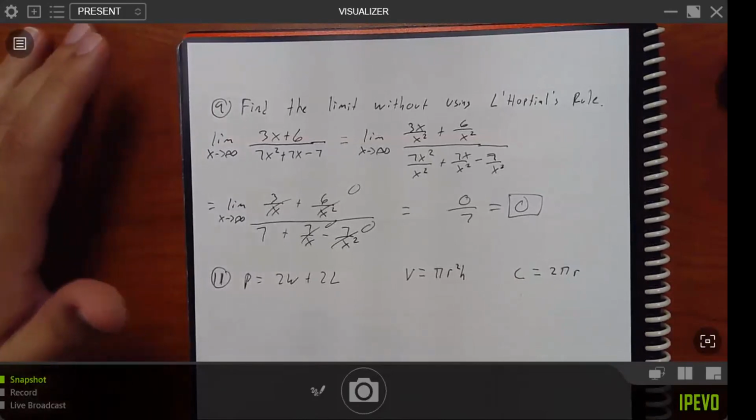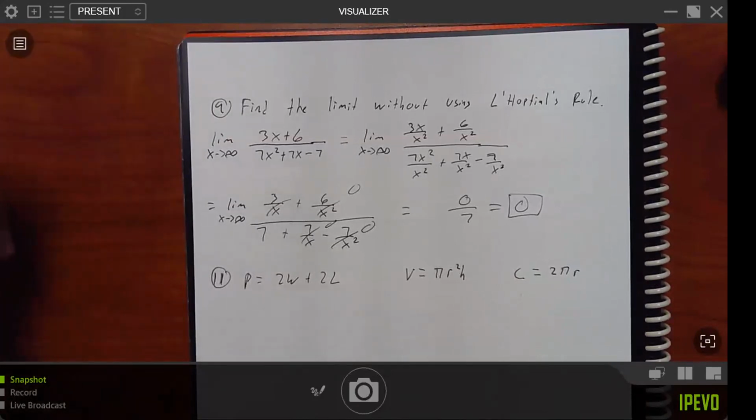All right, so maximize volume. So for sure, we want to take a derivative of V.